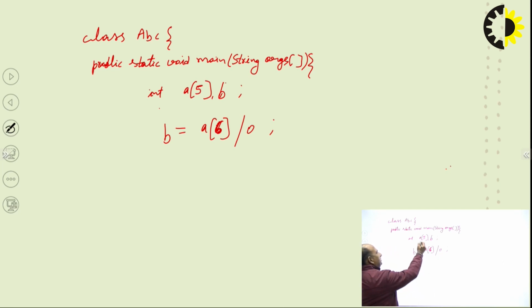Since this array A has size 5, index A of 6 will not be available.